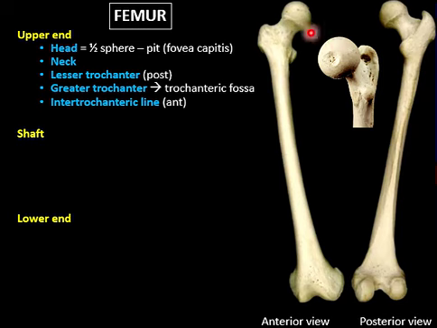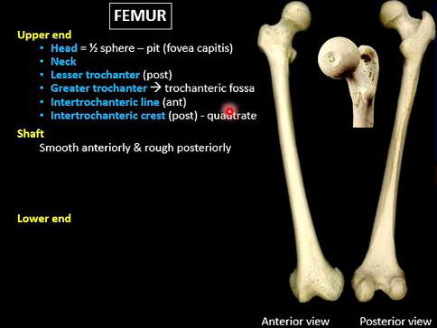At the junction of the neck and shaft anteriorly, connecting the two trochanters, is an intertrochanteric line, while posteriorly, between the two trochanters, we have an intertrochanteric crest. In the middle of the intertrochanteric crest, we have a quadrate tubercle.